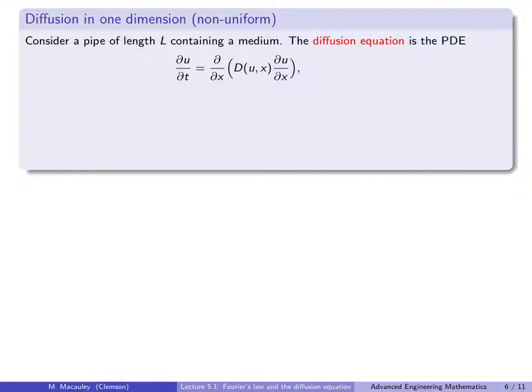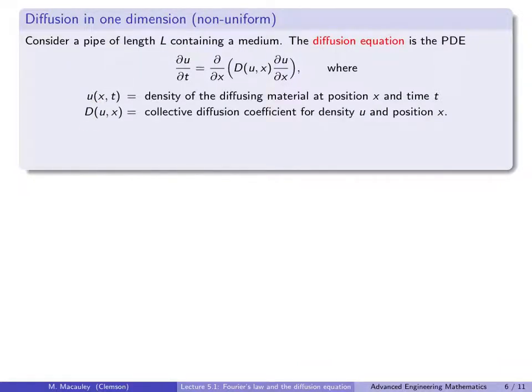So let's only look at the one-dimensional case. So first for diffusion, suppose we have a pipe of length L containing a medium such as water, and we're looking at maybe a chemical in the water. Then the diffusion equation is the following PDE. So du/dt on the left is just d/dx of capital D of u and x times du/dx, where, as before, u is just the density of the diffusing material at position x and time t.